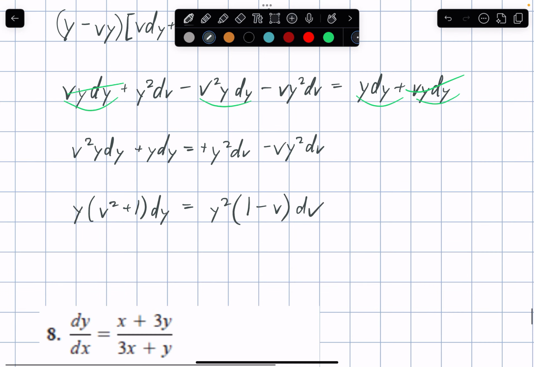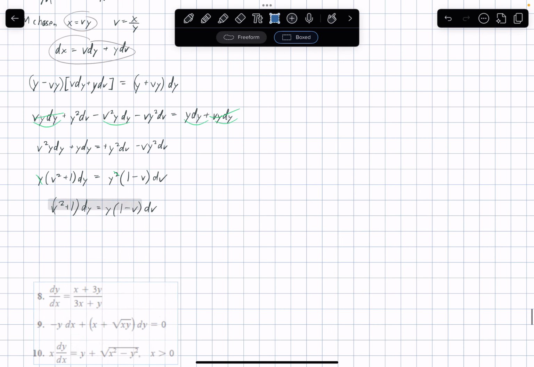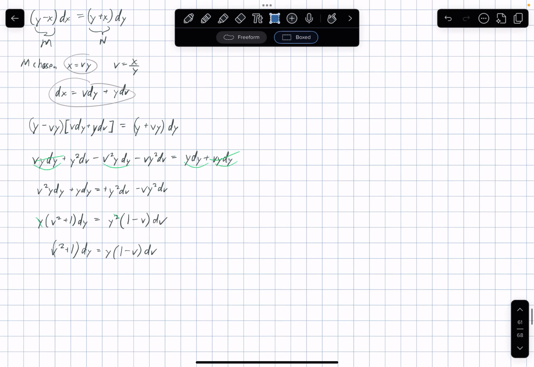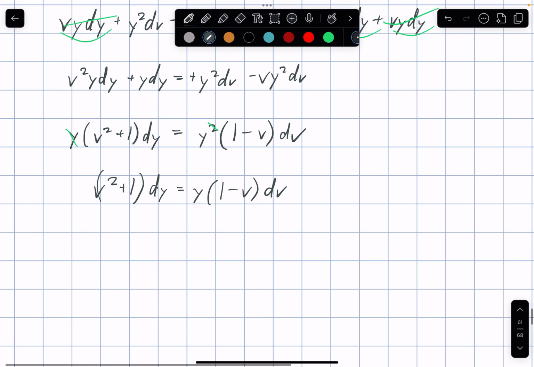Okay, so far so good. We can simplify, no? So we have v squared plus 1 dy, and then push this away. What's the next step? I think at this point it's already variable separable.